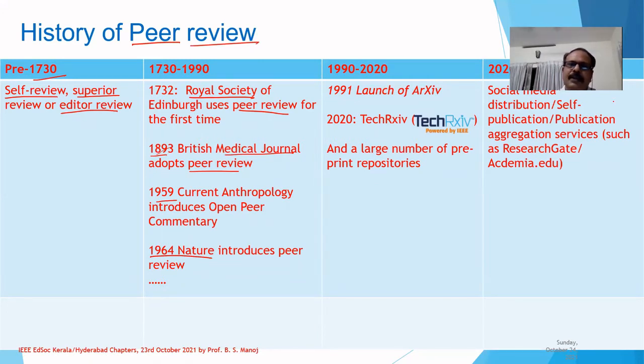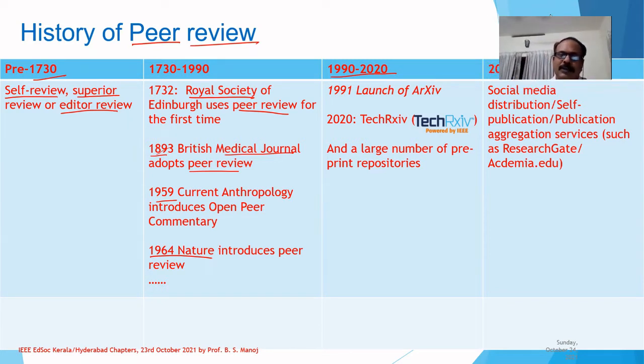But in the 90s, the situation changed, where people started using what is called a preprint service. In 1991, arXiv, a service from Cornell University, started accepting draft papers, which are called preprints today. One of the reasons why this was required is that in those days, the review cycle was very long.